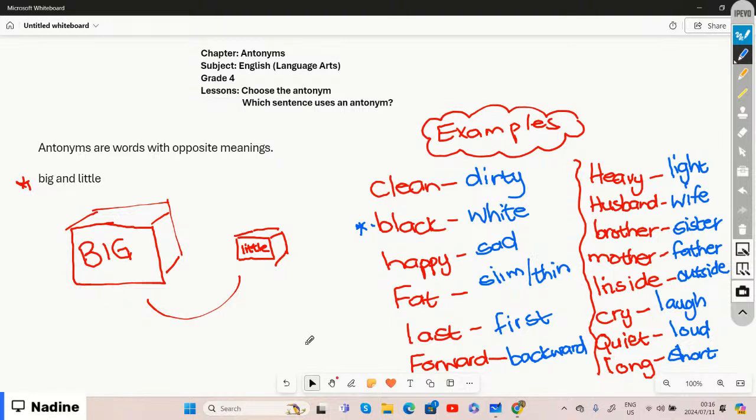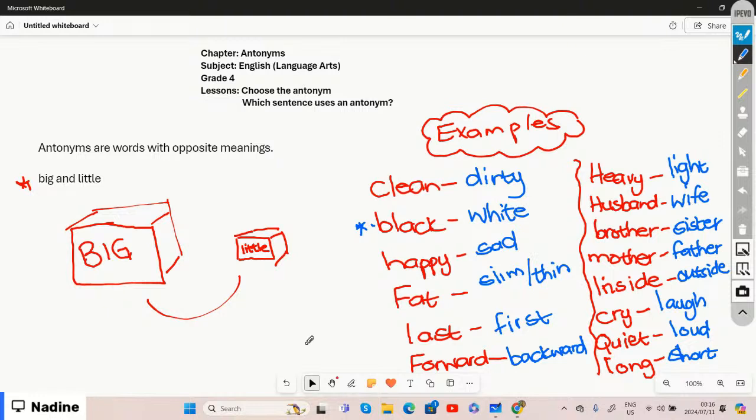But these are a few of our antonyms. So well done, guys. These are examples of antonyms. And we said antonyms are words with the opposite meaning, right? It's either something is big or something is little. It's either something is spotless clean or something is extremely dirty.